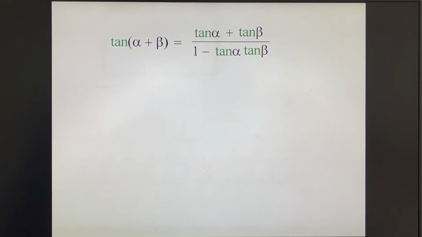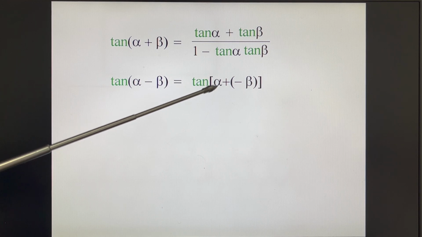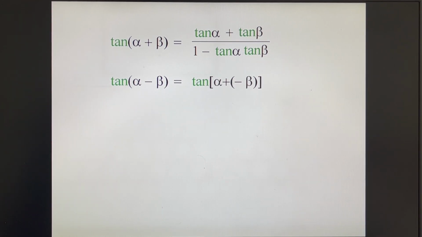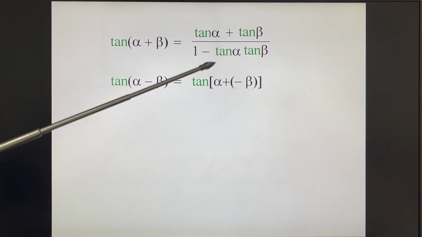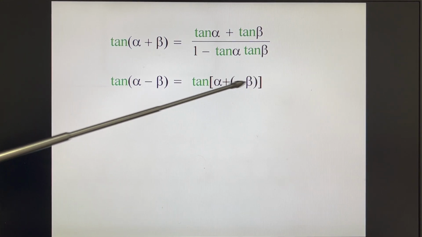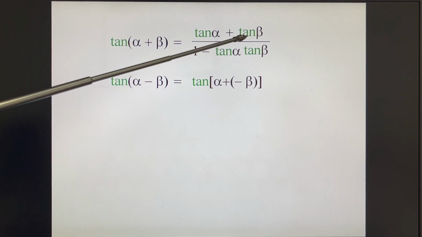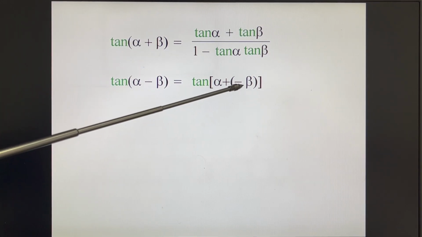How about tangent alpha minus beta? Let me rewrite alpha minus beta as alpha plus minus beta. Written this way, here is the sum of two angles. So I can use this formula, replacing tangent beta by tangent minus beta.